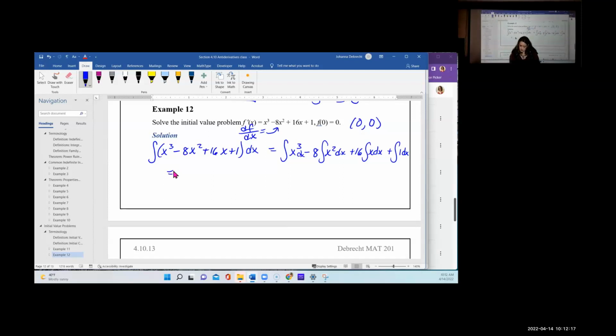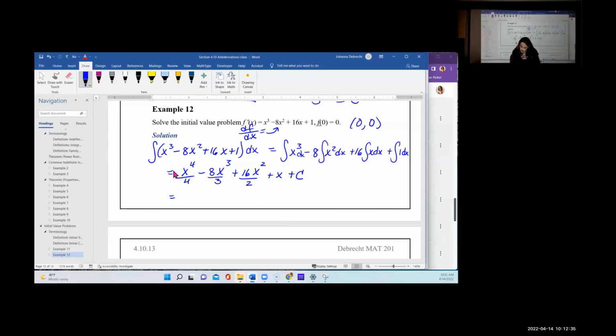So this will give us x to the 4th over 4 minus 8x to the 3rd over 3 plus 16x squared over 2 plus x plus a constant.